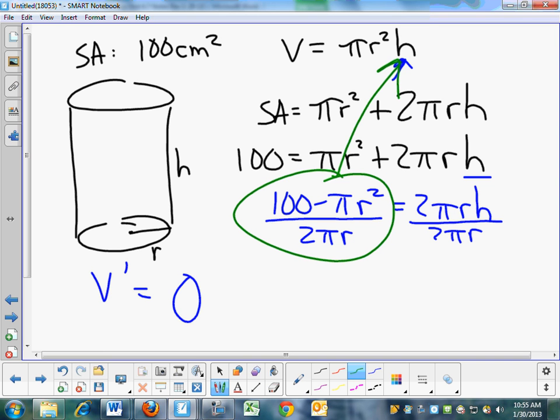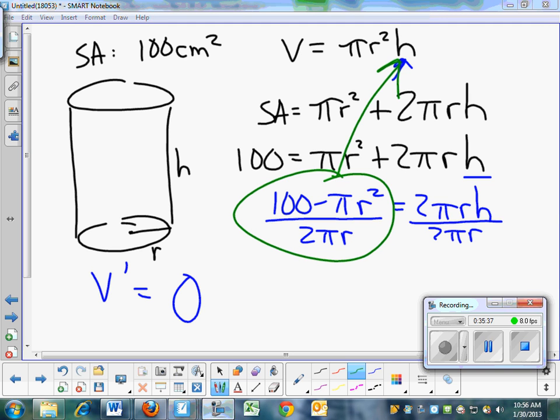You can see you have an r squared here, and you have an r in the denominator, so one of those is going to cancel, right? And pi is just a number. If you don't know how to work with it, just turn it to 3.14. But I want to leave you there, because this pi doesn't cancel. That pi would cancel that pi right there, yes. You guys are so smart!